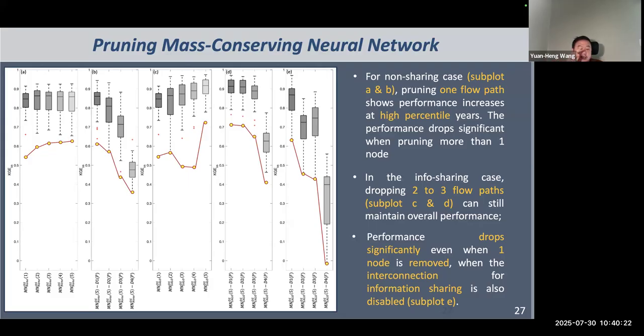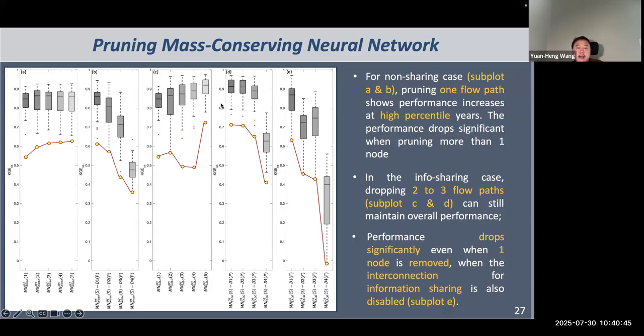So you see the performance is increasing. But in subplot D, we progressively remove flow paths while maintaining the entire internal parameter structure, including those used for sharing cell state within the gates. So as you can see, the performance remains very similar to the unpruned 5-node sharing network.